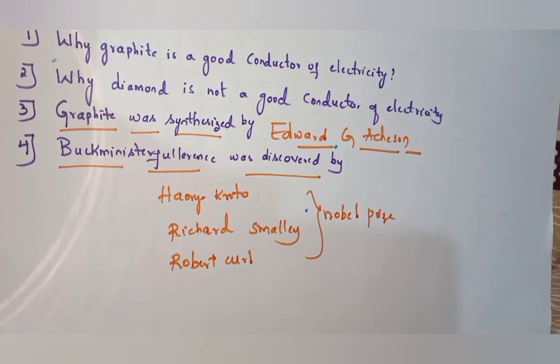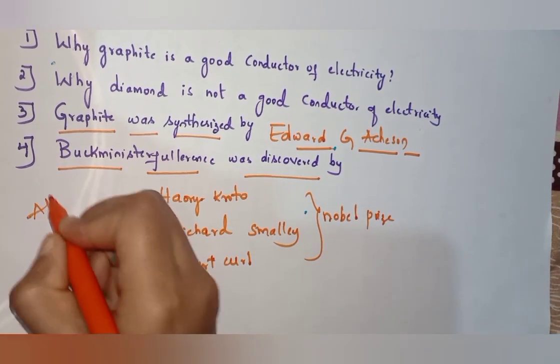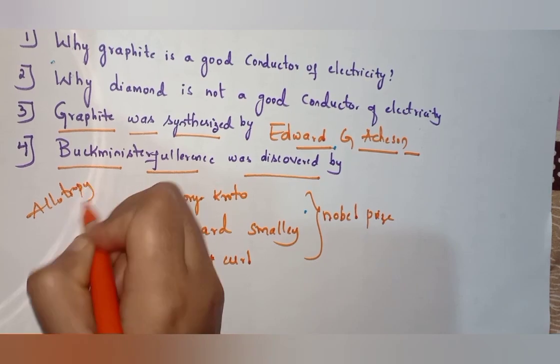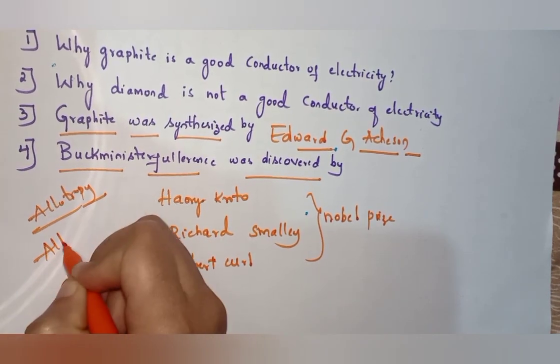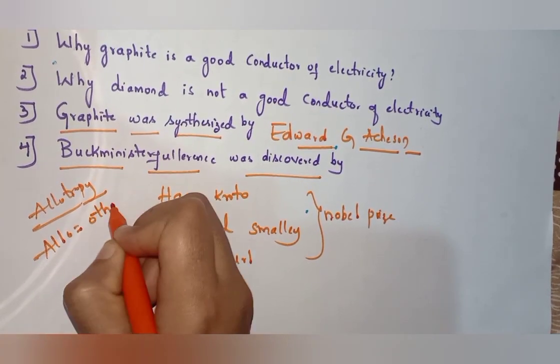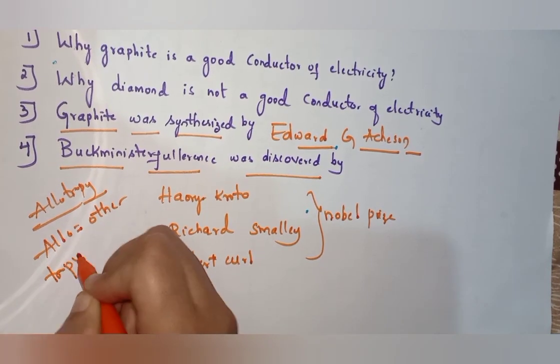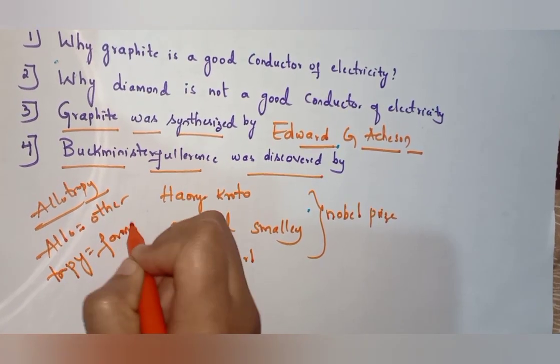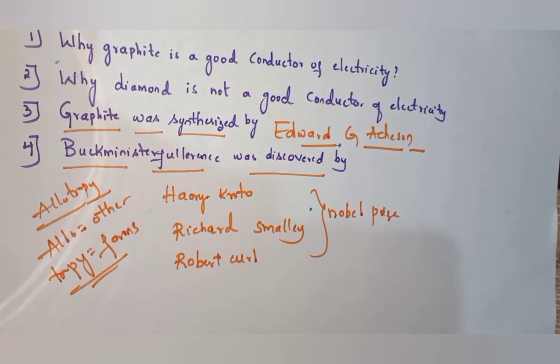And the word allotropy comes from a Greek word. Here allo means other and tropy means forms. Other forms are nothing but allotropy.